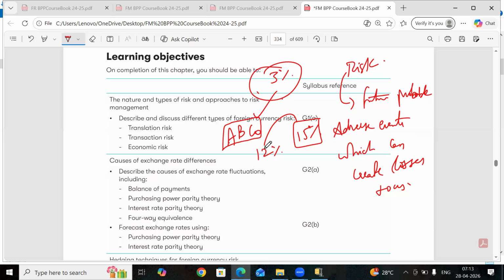In the market 15% is a good return, but I said future probable adverse events which can create losses. What happened is someone in this company has done some fraud. Because of that, the stock prices fell and the returns also fell to 7%. Now there is a 5% loss to you. So I was speaking about this factor, not about that factor.